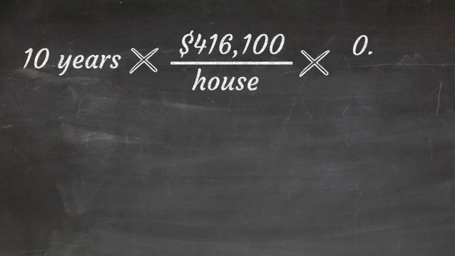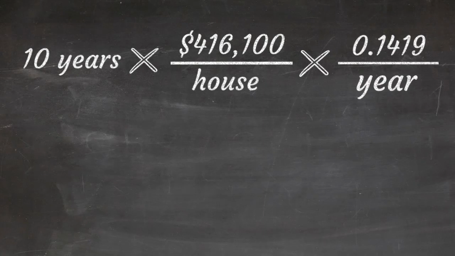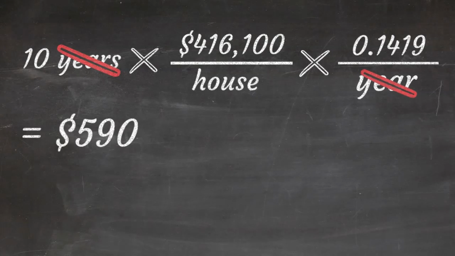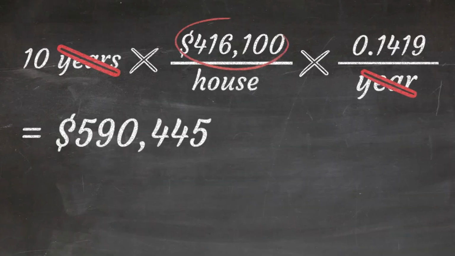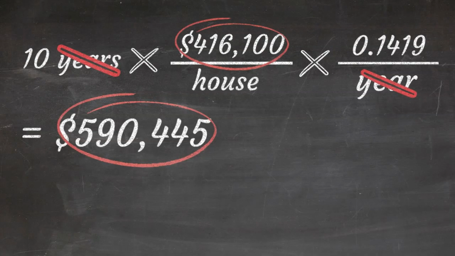Then you multiply it by this number, 0.1419 per year. You multiply that together, the years cancel, and you are left with $590,445. And then you say, dude, that's not even that much. It's only gone up like, I don't know, $170,000 in the next 10 years.